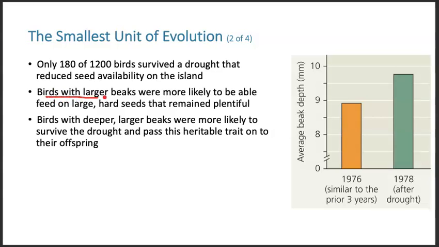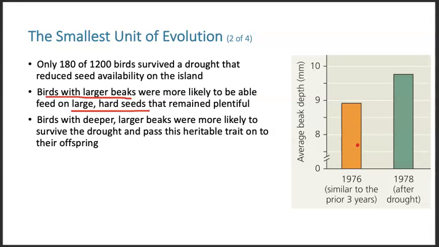Birds with larger beaks were the ones that were able to feed on those large, hard seeds. So if you have a deeper, larger beak, you have food. And if you have food, then you will survive. And if you survive, then you're likely to pass that trait on to your offspring.